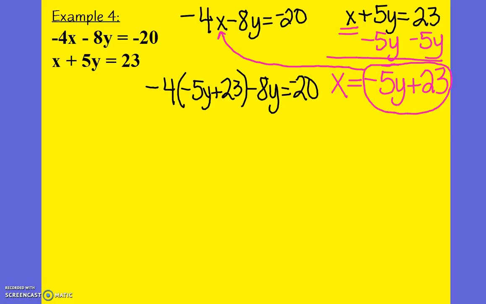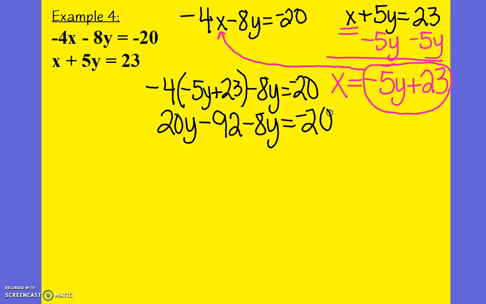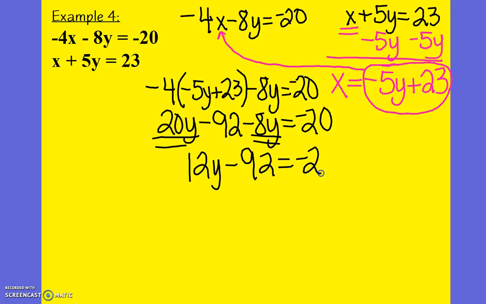Use your distributive property. You get 20y minus a negative 4 times 23 is negative 92 minus 8y equals negative 20. Combine like terms. 20y minus 8y is going to give you 12y minus 92 equals negative 20.